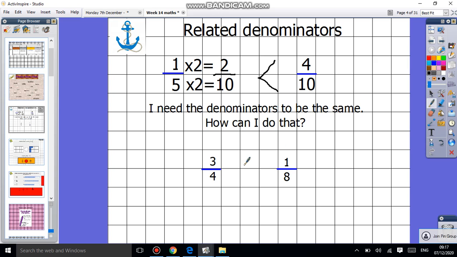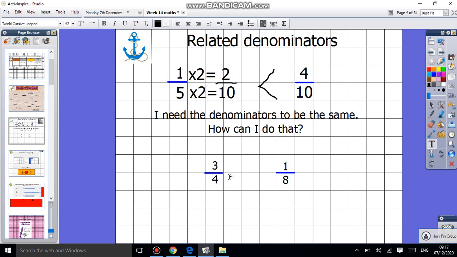Same with this fraction underneath, we've got 3/4 and 1/8. So the common denominator there would be the eighths because 8 goes into itself and 4 goes into 8. And again, nice and easy, this is a case of 4 times 2, which would give me 8, and 3 times 2, which would give me 6.